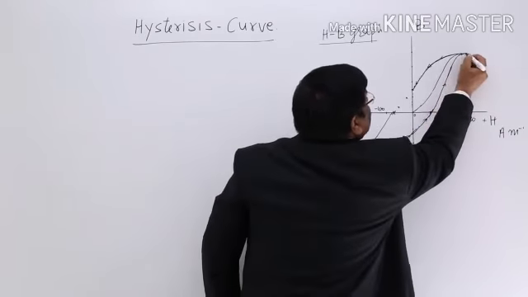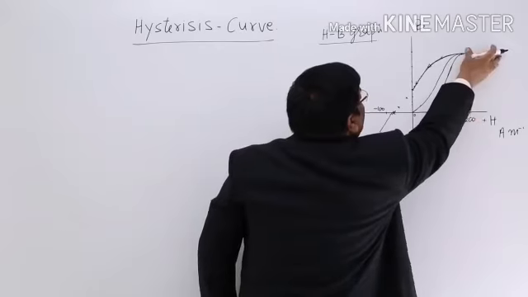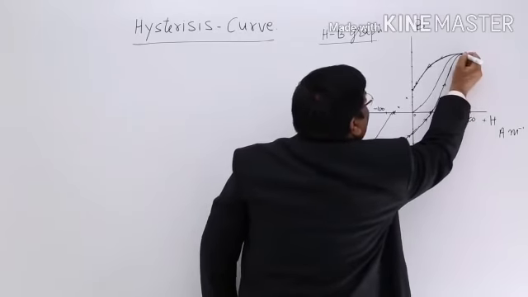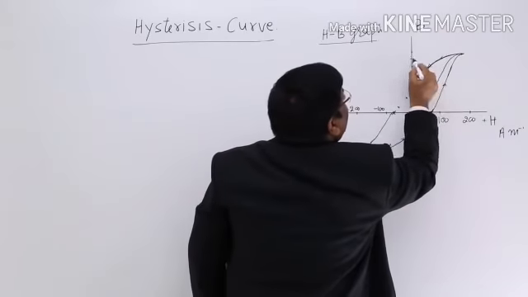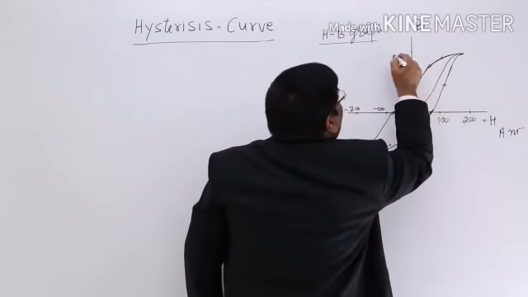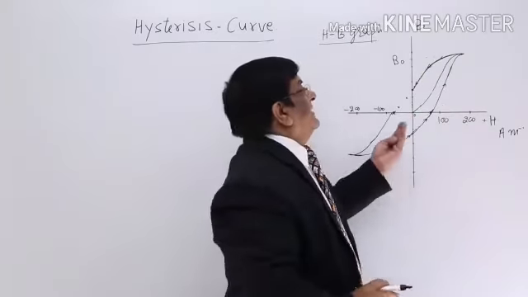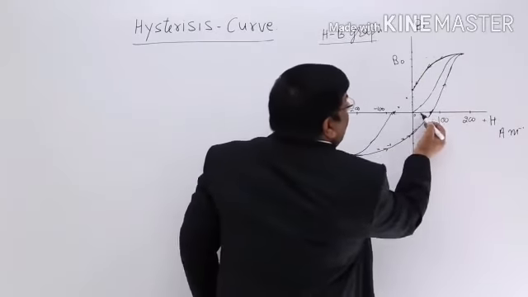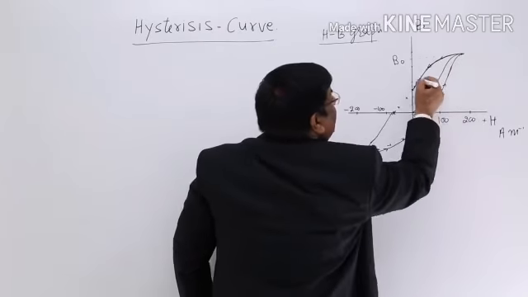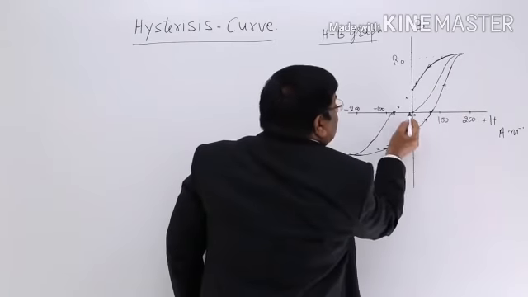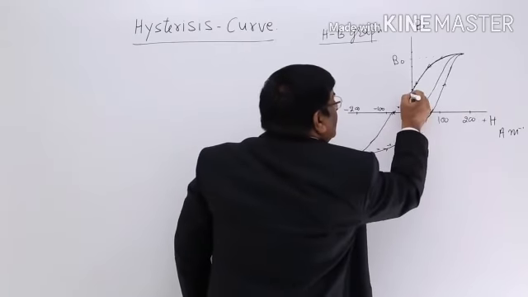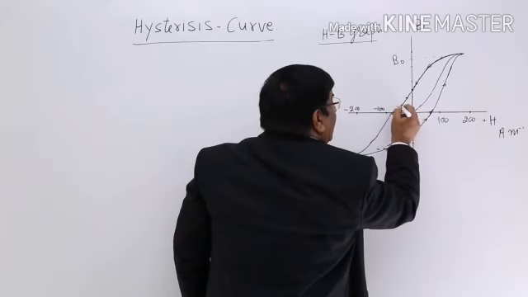Now at a certain value of H, B has become maximum. This is B naught, maximum. Now H again returns, becomes 0, B becomes here. Now H goes to negative, then B goes on decreasing, becomes 0.